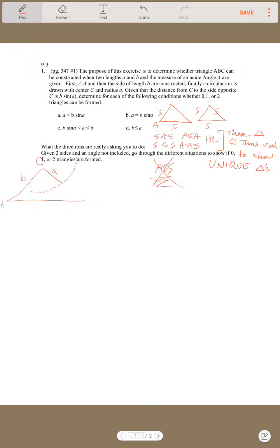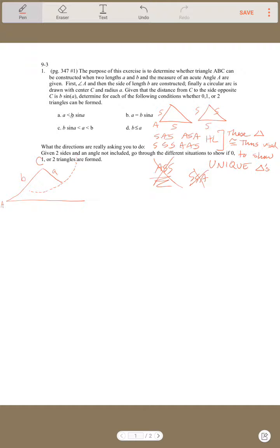So you had learned that we cannot use ASS, or maybe your teacher said don't use SSA. In either case, you couldn't use this because you would not be able to form unique triangles. And we're going to see why we don't get unique triangles in the case today.